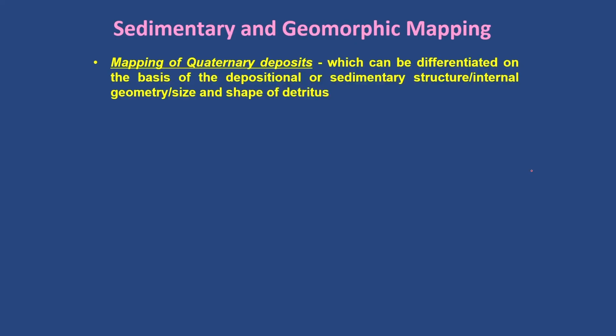So this mapping will help you in differentiating the depositional environments. Very simple. For example, if we take a section, this is the base, and you have gravels.